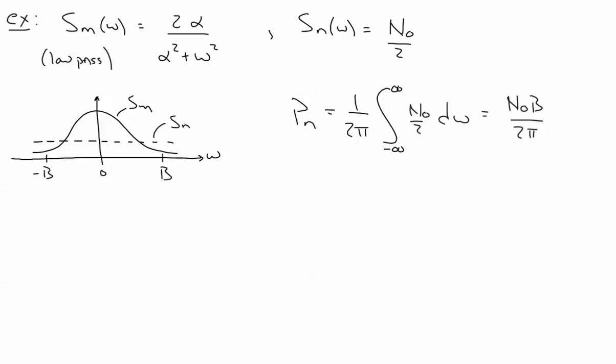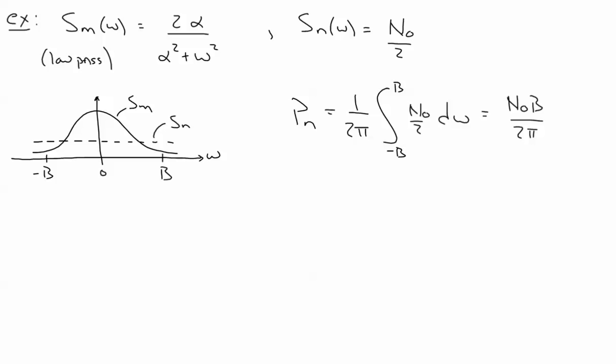Earlier when I calculated the noise power, I apologize, that should not be from minus infinity to plus infinity, that should be from minus B to B. There. P sub n is the noise power in a bandwidth B centered at the origin.